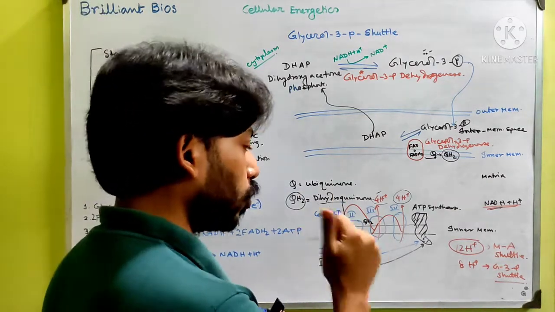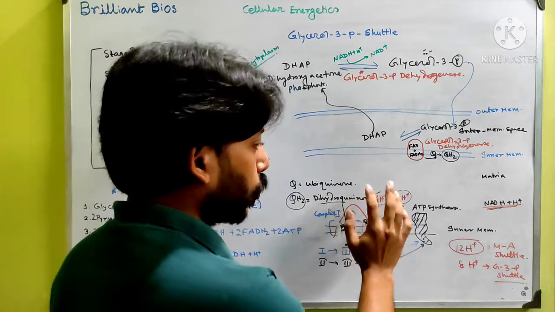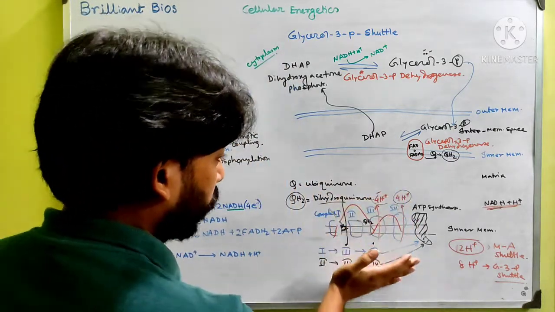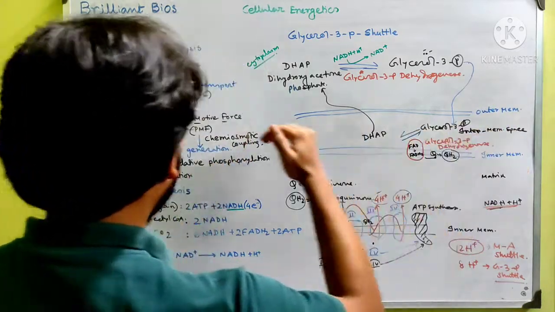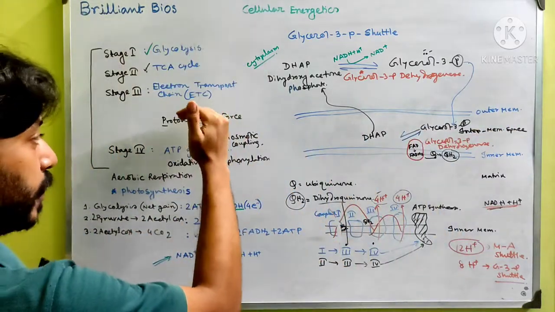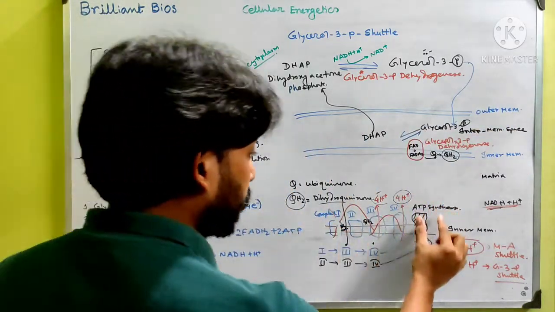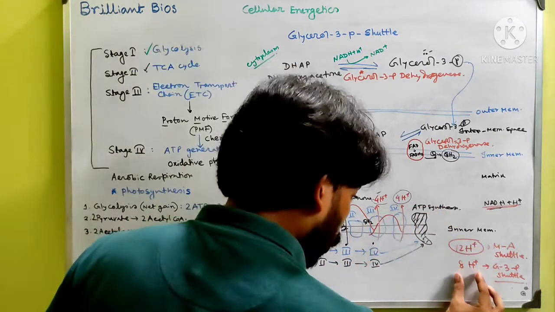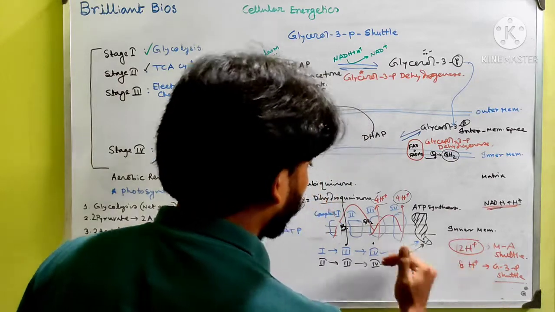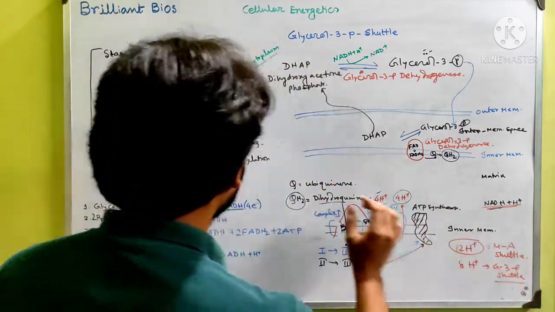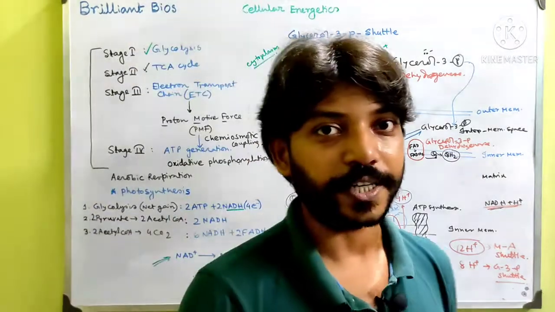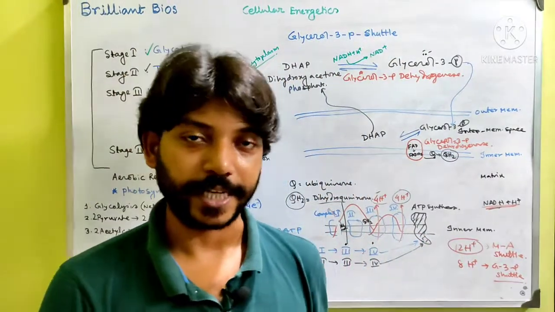We know that this proton motive force is generated by the pumping of protons from the matrix to the intermembrane space, and that force helps in the generation of ATP by the ATP synthetase enzyme. So if a low amount of protons are pumped out, then a low amount of ATP will be generated. That is why glycerol-3 phosphate is less efficient than the malate aspartate shuttle.